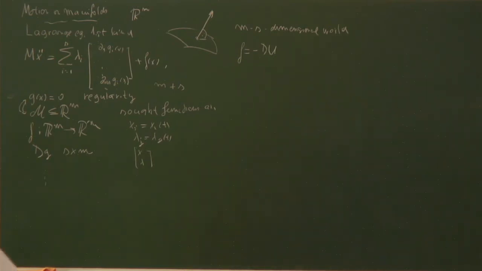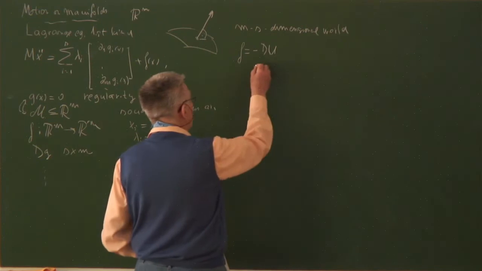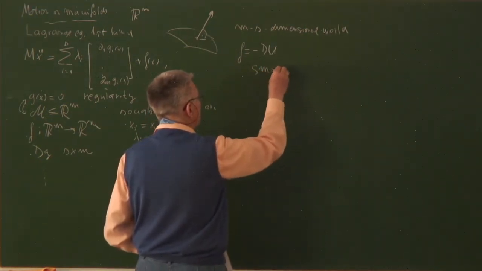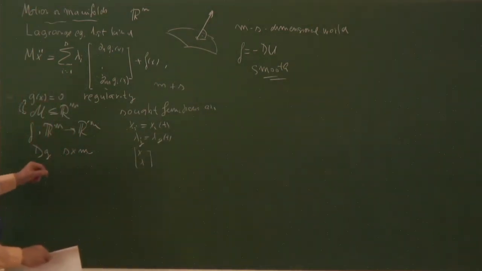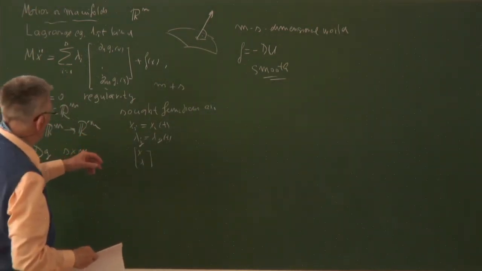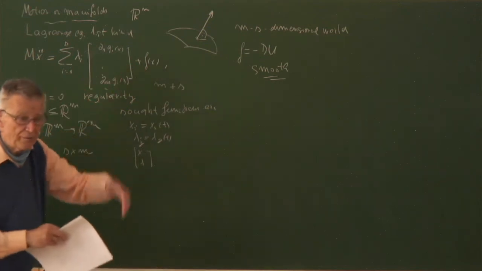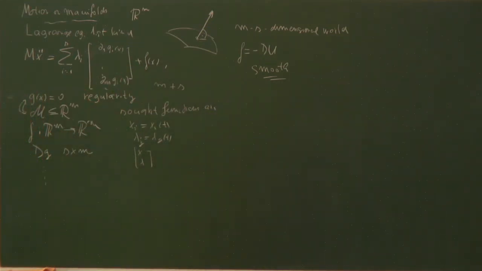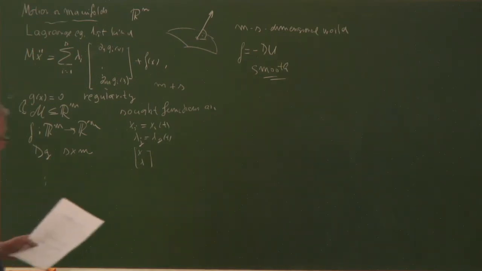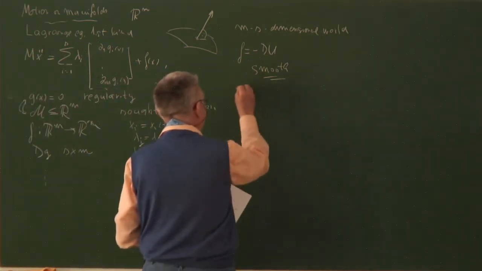So that's what I mean by the word smooth. So it is a smooth manifold, a smooth function f, and so on. So there is a theorem now, which I now repeat.